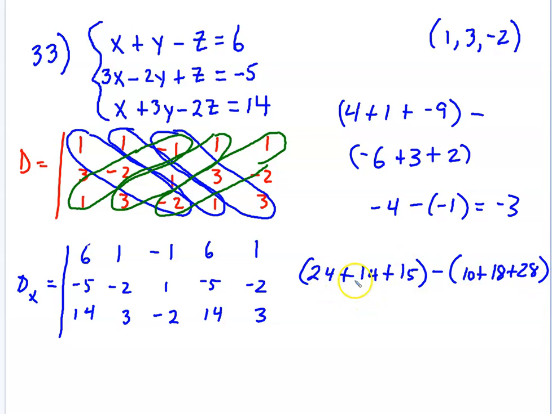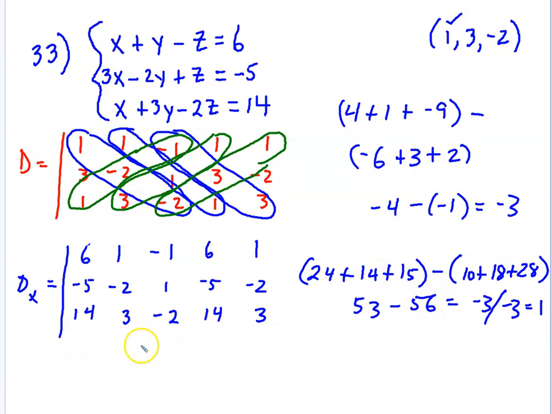Okay, so we got 38 plus 15, that's 53, and 28 plus 28 is 56, so that's negative 3. And then to get x, remember, this is the determinant d sub x. I won't have x until I actually do the division. So I divide by negative 3, and I get positive 1.